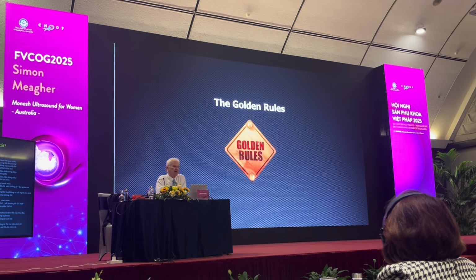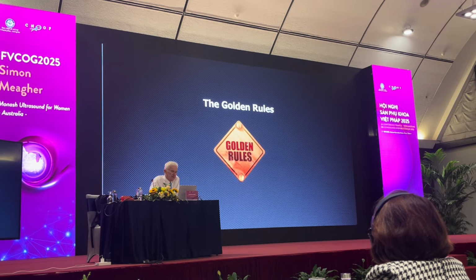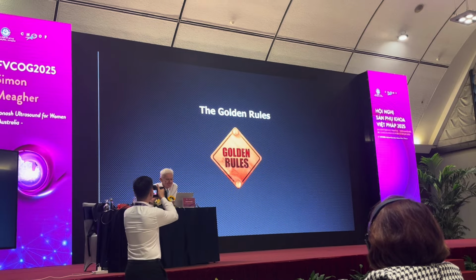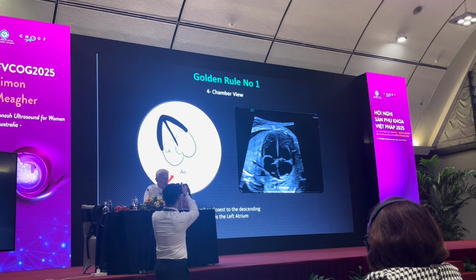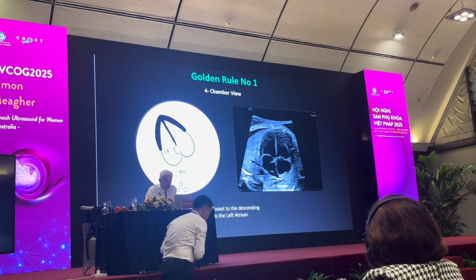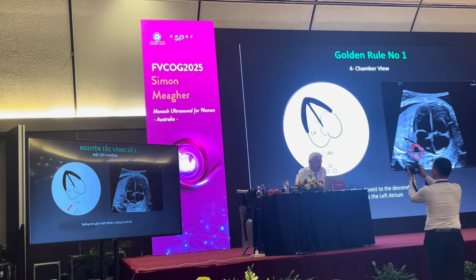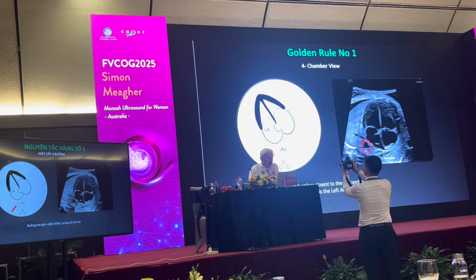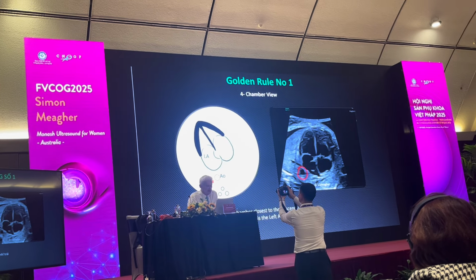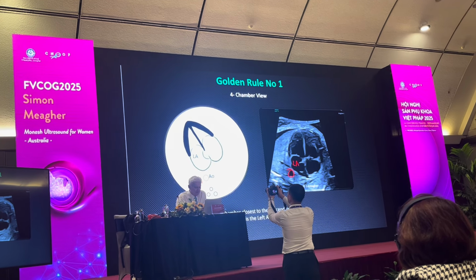So I want to share with you some golden rules in imaging which will make it easier for you to understand when you go to work tomorrow morning. The first rule is that in every cardiac scan that I do, I look at the descending aorta. The descending aorta will tell me where the left atrium is located, because directly in front of the descending aorta, almost always, is the left atrium.